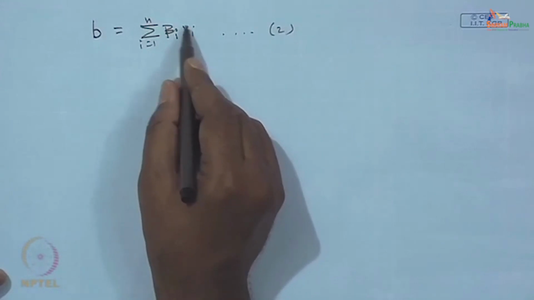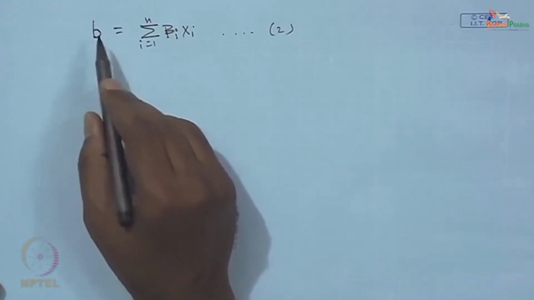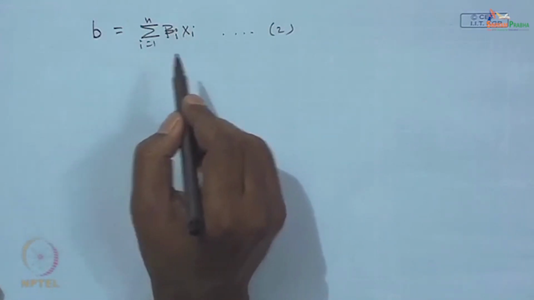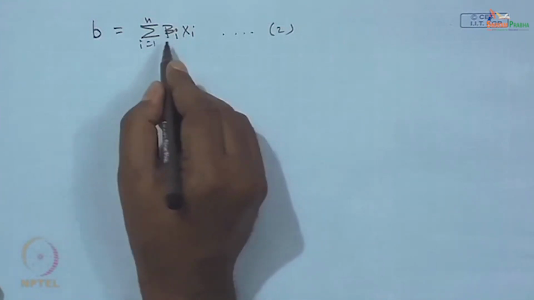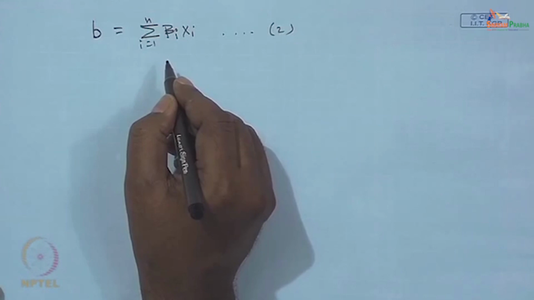Since the x i's form the basis set, the vector B can be expressed as a linear combination of this. The coefficients beta i are not known to us, we are going to determine them.